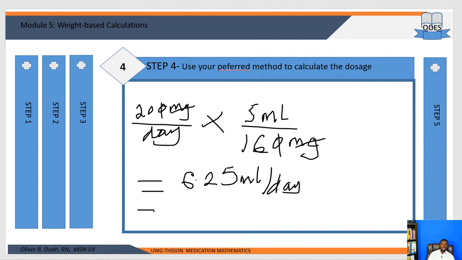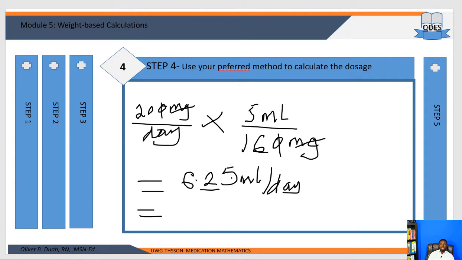Now, remember that our rounding rules said that we should convert anything that is greater than 1 to the 10th. So we will look for 1 decimal place after the decimal. So this will be 1 after the decimal, and that is 2.